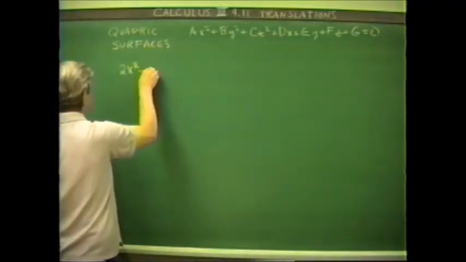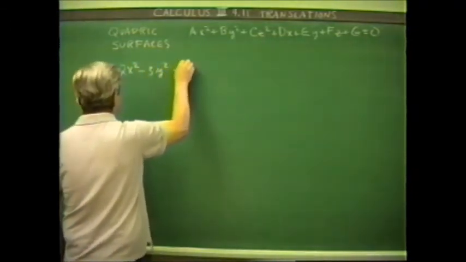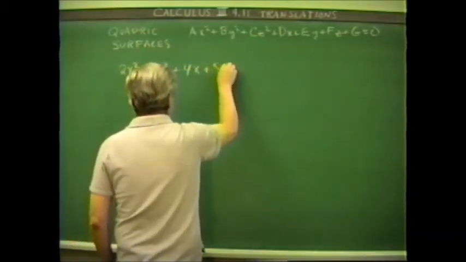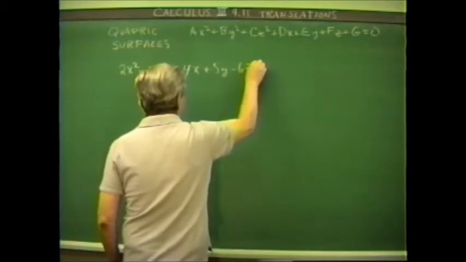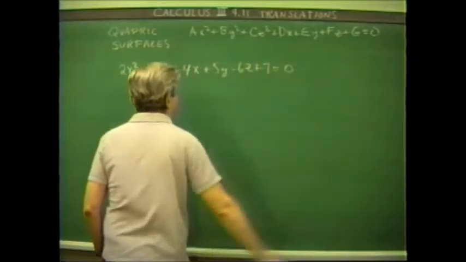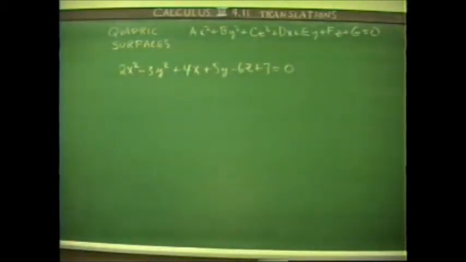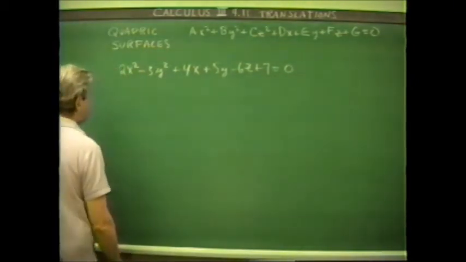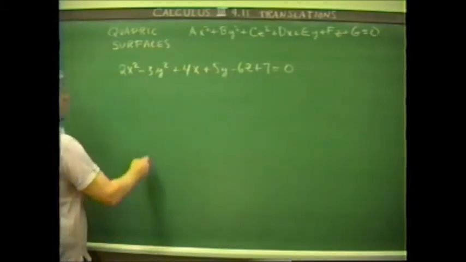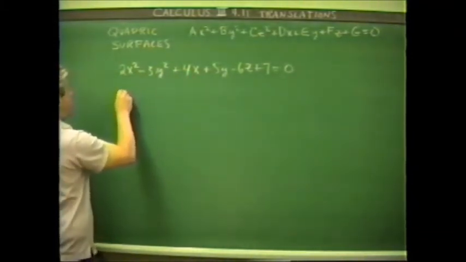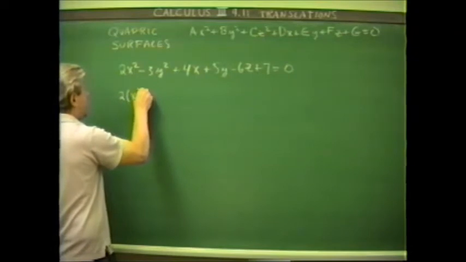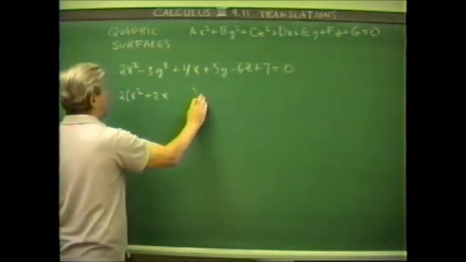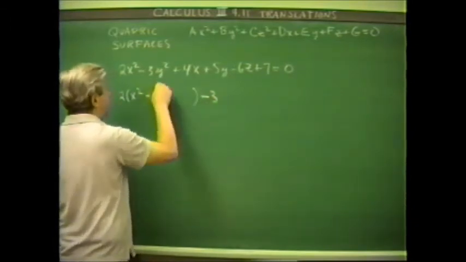Say 2x squared minus 3y squared plus 4x plus 5y minus 6z plus 7 equals 0. Okay? Now here we don't have a z-squared term. Let's collect the x terms together here. So we're going to have 2 times x squared plus 2x plus minus 3 here times y squared.